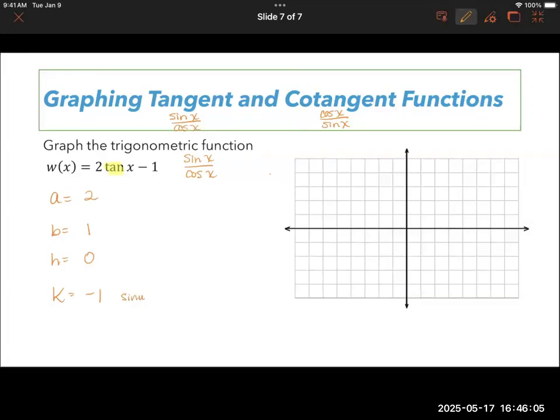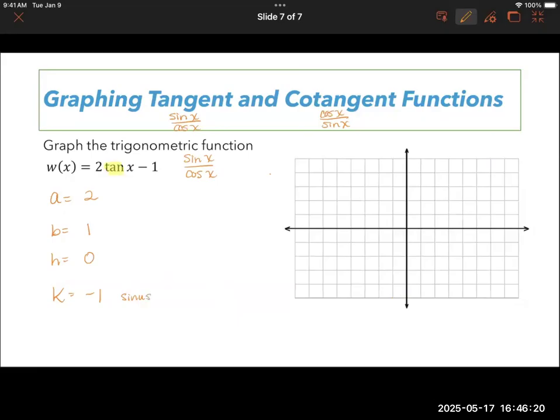So just like doing sines and cosines in our previous example, we want to actually graph the points of sine of x and cosine of x with these a, b, h, and k values.